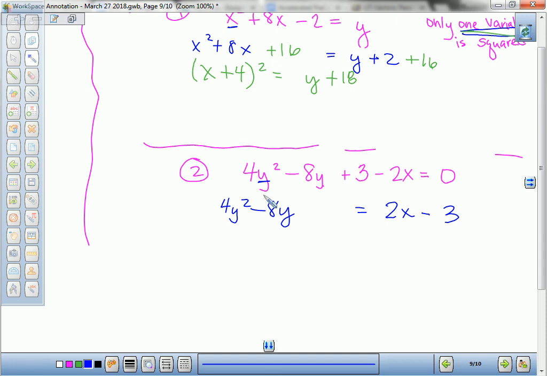All right, so now we have to complete the square for the y. But this time it has a leading coefficient. And when it does, we have to factor it out. So this -8 turns into a -2. All right, so we take half, we square it.